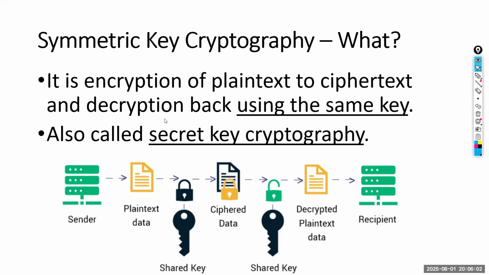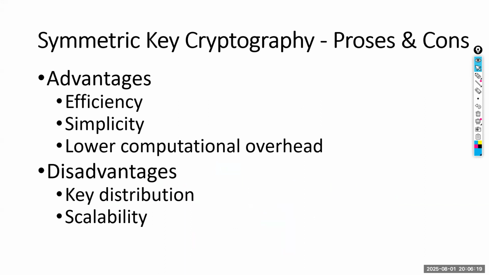Another name is secret key. Another name is private key. Symmetric key, private key. So the main advantage, anyway, we will look at the advantages and disadvantages at the end also. This is very simple and efficient because the same key is used, and you need less computational power.